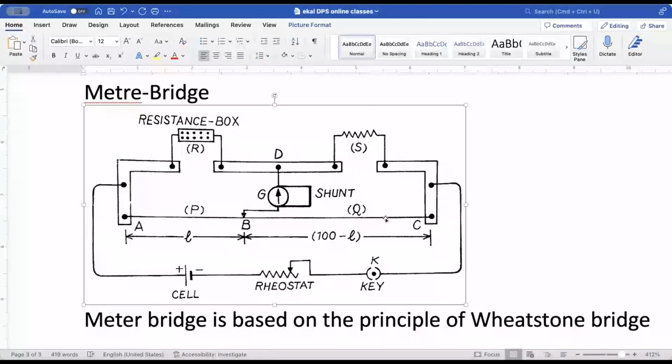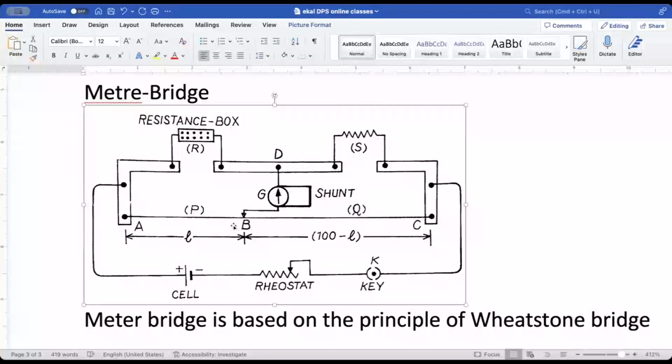Now suppose we want to find the resistance of a wire S, which is connected across the gap between C and D. This S is the wire whose resistance is to be found. A resistance box is kept across the gap between A and D. Between A and C, there is connected a cell, then a rheostat, and a key.